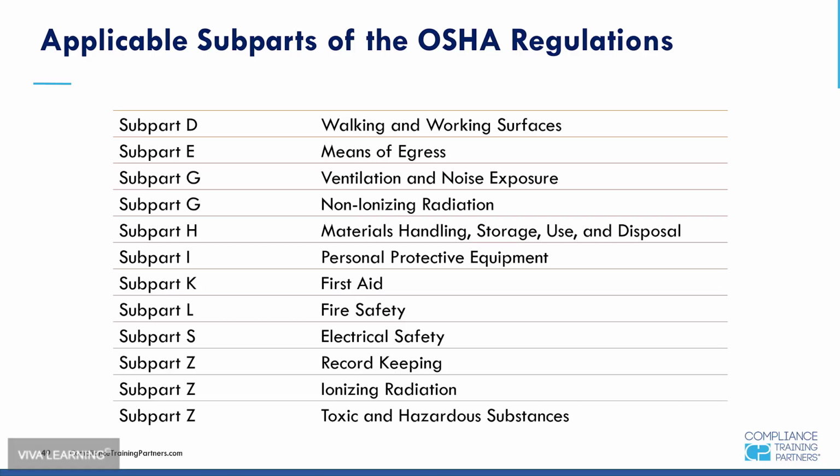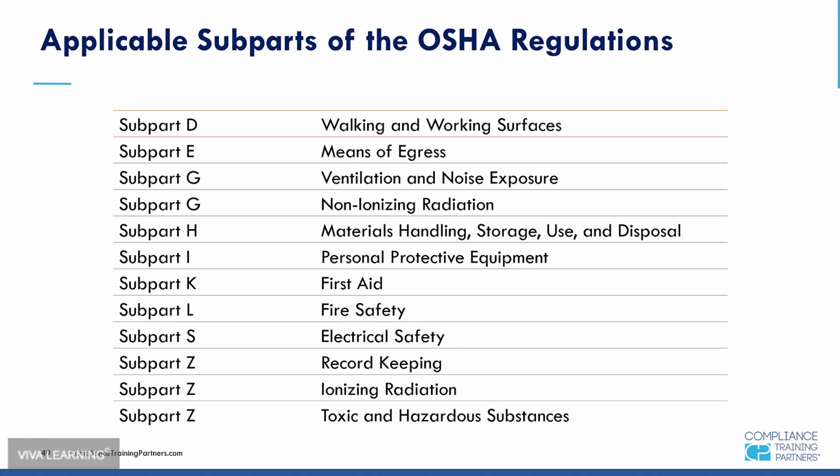They're really not. But some of the things they cover: walking and working surfaces, egress, in other words, looking at signage, exit signs, that doors have a crash bar so that you can get out, ventilation, noise exposure. Noise exposure is not normally a problem in a dental office. Ventilation could be.